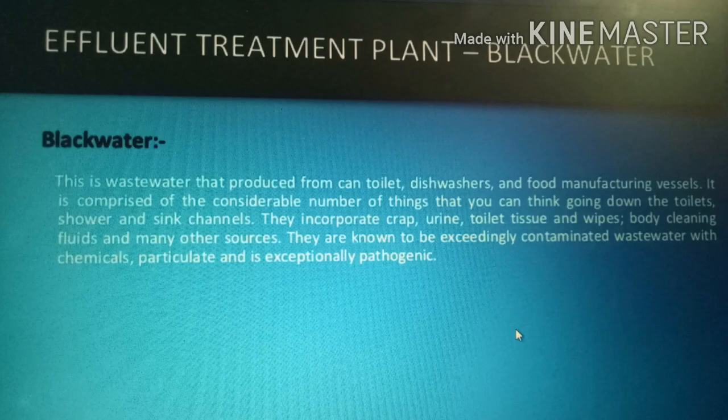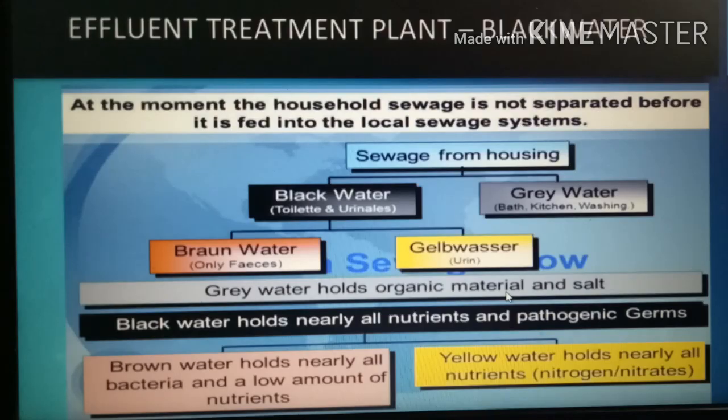It is comprised of the considerable number of things that you can think of going down the toilets, shower and sink channels, and they incorporate feces, urine, toilet tissues and wipes, body cleaning fluids and many other sources. It is known to be exceedingly contaminated wastewater with chemicals, particulates and highly pathogenic.